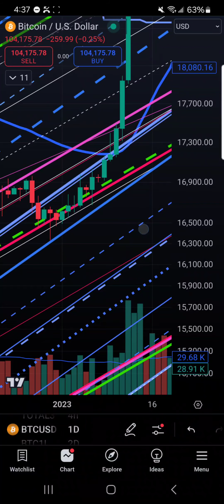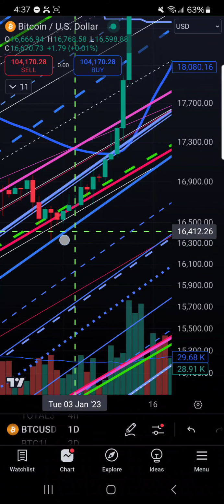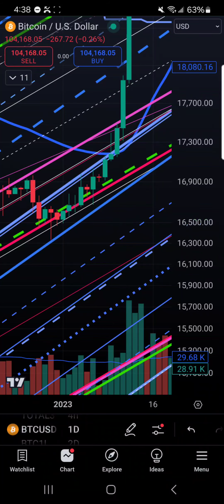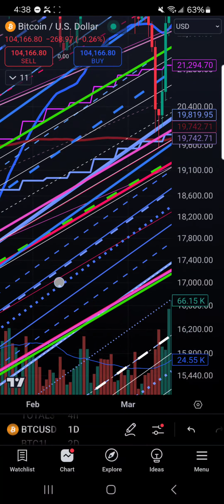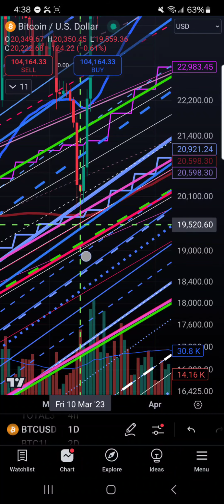But actually, the top of this blue channel is that same trend line, if you've been around for a while, that everybody was talking about us following and holding as support throughout 2023. We'd have these rallies up here and then come down and hold this blue line as support right here in March 10th of 2023.